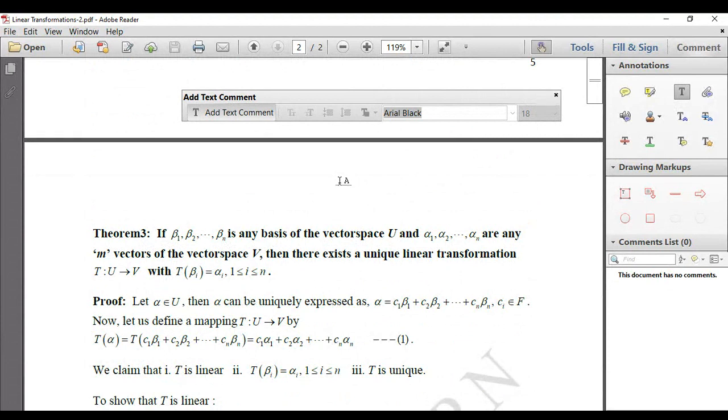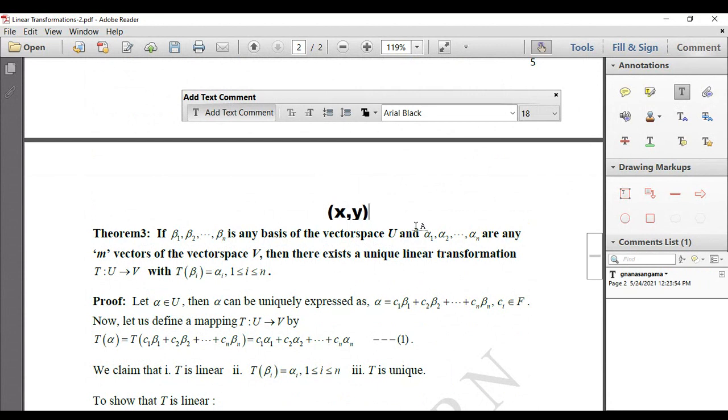We know that every element of R2 is of the form ordered pair x comma y, right?